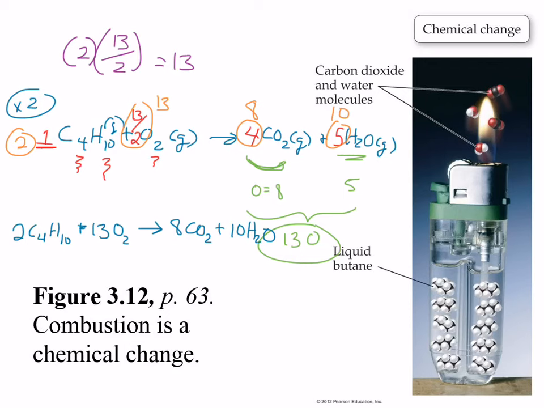Let's double check. How are we for carbons? Does it work for us for carbons? Yep. Let's see, how many hydrogens do we have over here? We have 20 hydrogens, right? How are we doing over here? 20.